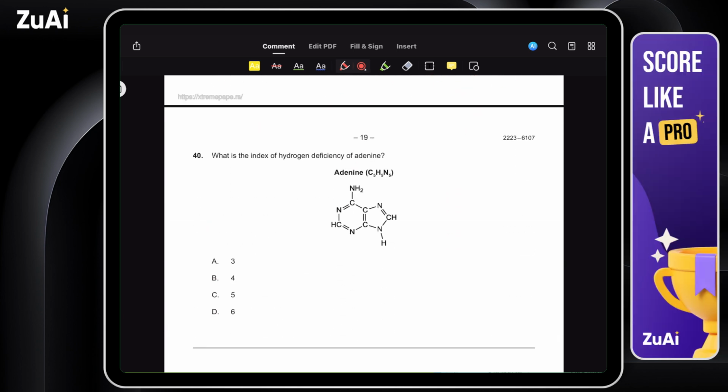What's the index of hydrogen deficiency in adenine? The index of hydrogen deficiency is (2C plus 2 minus H) over 2.